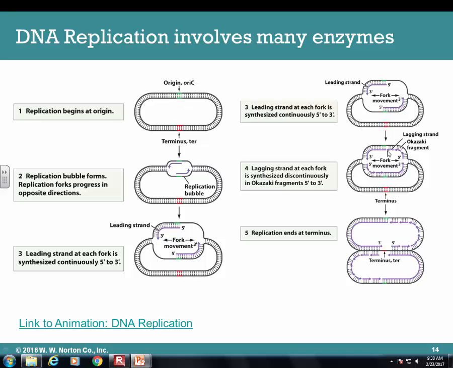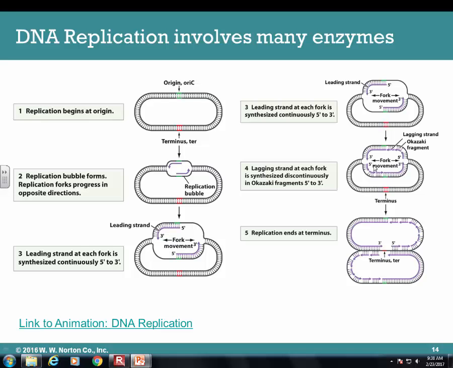So the lagging strand is really going in the opposite direction of the leading strand, but because it's still polymerizing in the same direction, it has to start polymerizing, and then it stops, and then it goes back again and polymerizes another fragment. So as the fork opens, it polymerizes these short fragments.